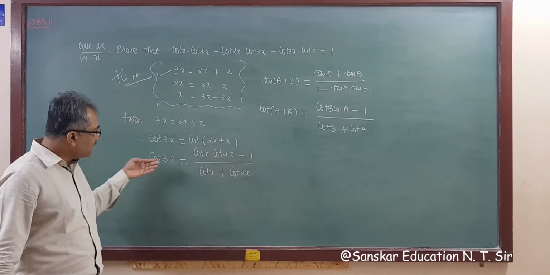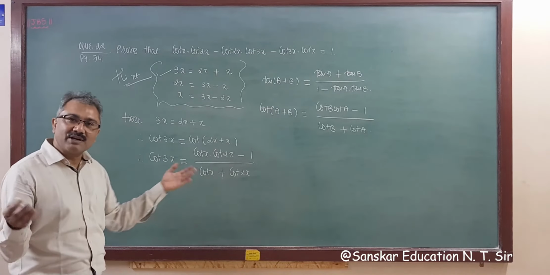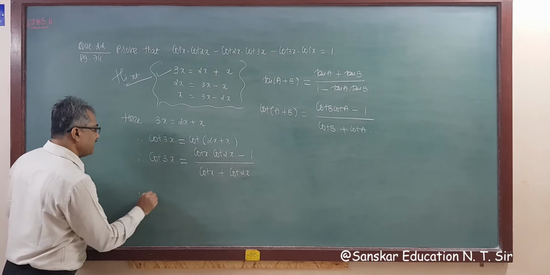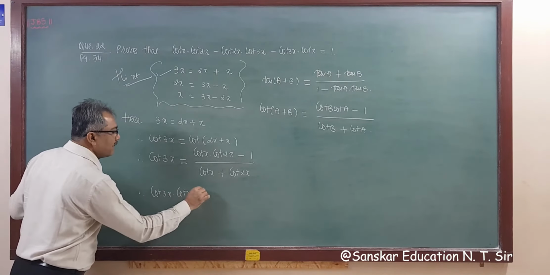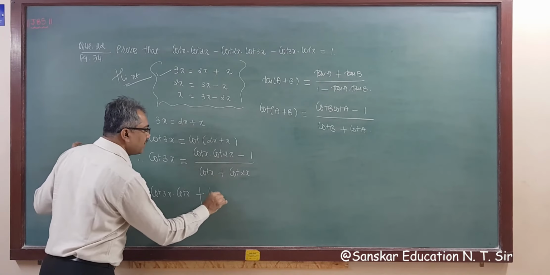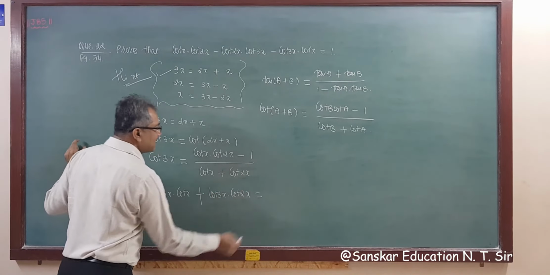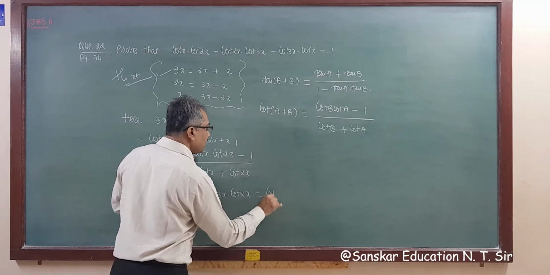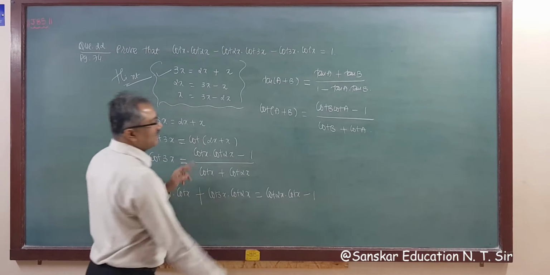Simply cross multiplication, this multiply with this, you will get your answer. So multiplying this, cot 3x into cot x plus cot 3x into cot 2x is equal to cot 2x into cot x minus 1.